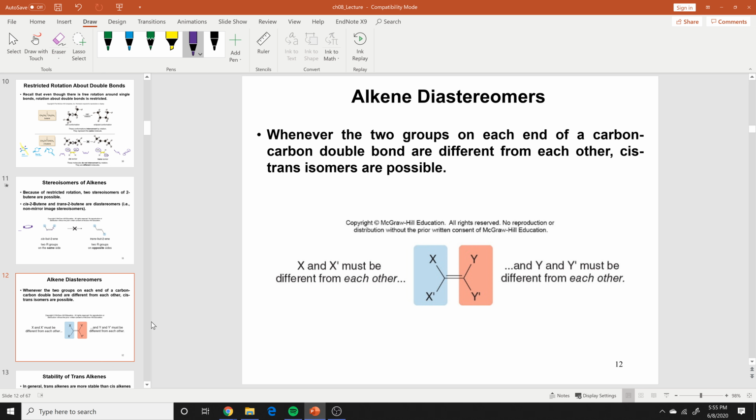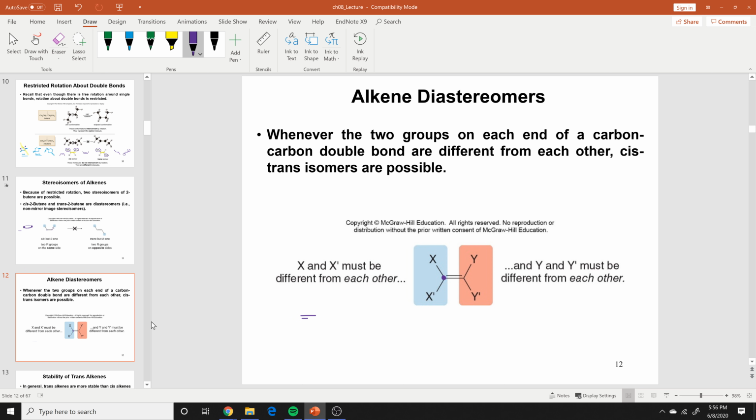But if you are working within the same carbon, X has to be different than X prime in order for cis and trans to exist, and Y has to be different than Y prime in order for cis and trans to exist. So the two groups on each end of the carbon double bond carbon are different from each other, and if this is the case, then cis and trans exist.